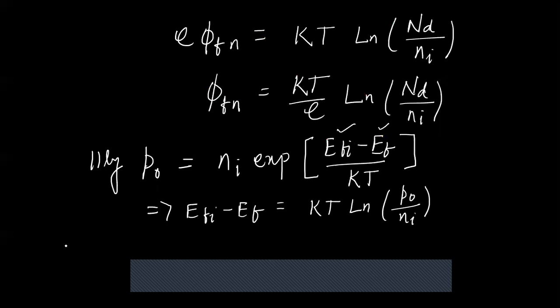Now for the p-type semiconductor, we can also consider P0, the hole concentration in the valence band, which can be written as nearly equal to the impurity concentration, using the same principle as I said. P0 should be the total number of holes created because of the acceptor states. The acceptor state will accept one electron from the valence band, because the valence band is very close to the acceptor state, and hence more holes will be created in the valence band.